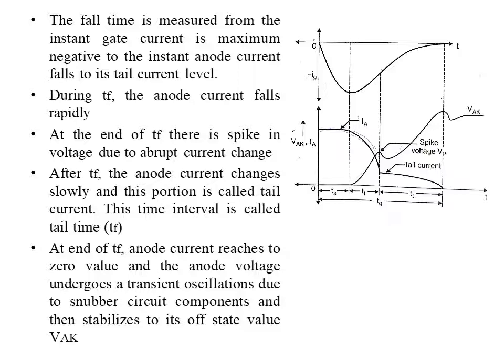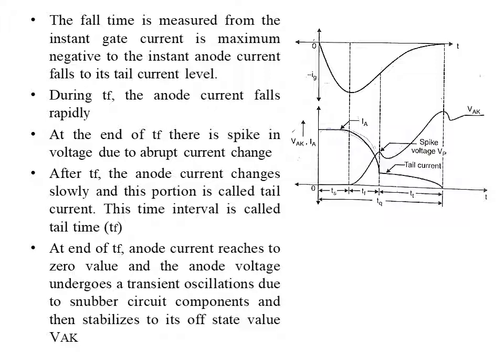So if we consider the total off time in the switching characteristics of GTO, it consists of three intervals, that is storage time, fall time, and tail time. In storage time, the anode voltage and current remain constant. In fall time, the current falls down and the voltage increases rapidly.